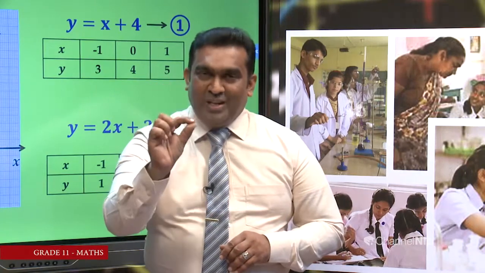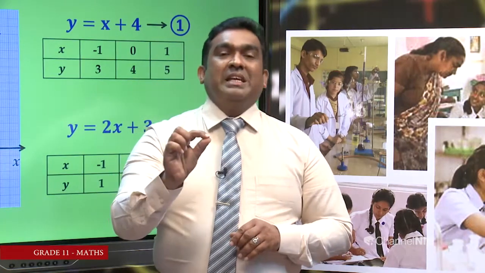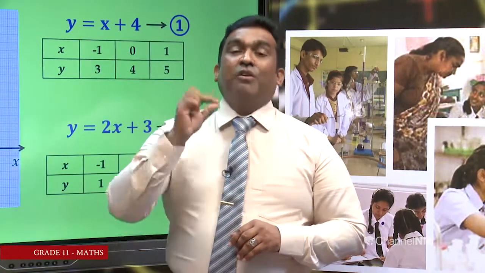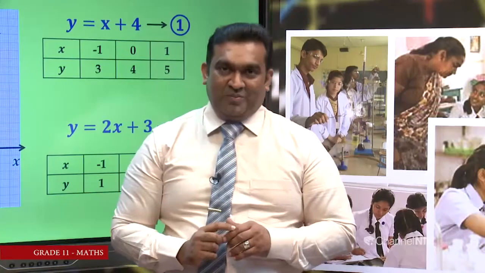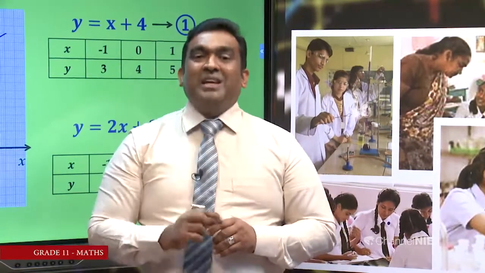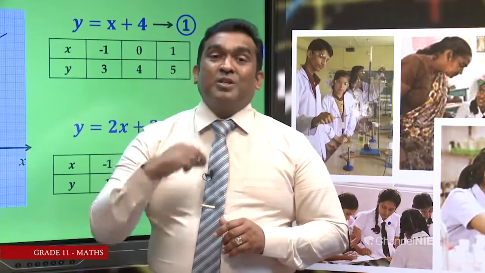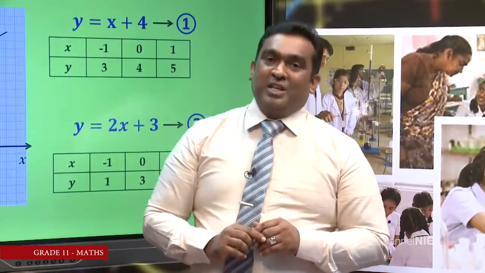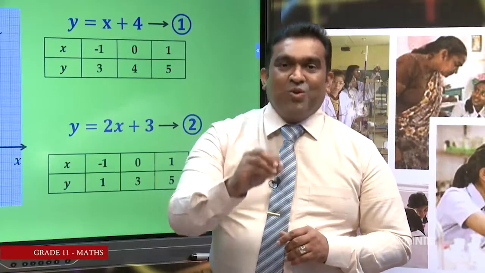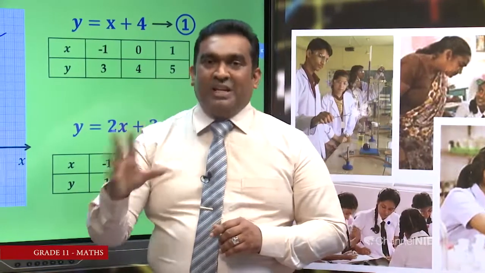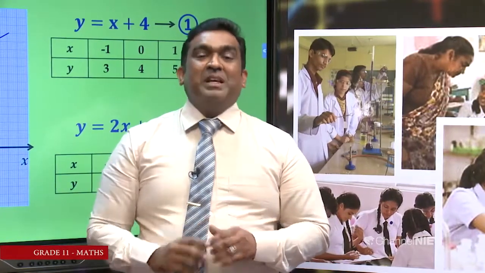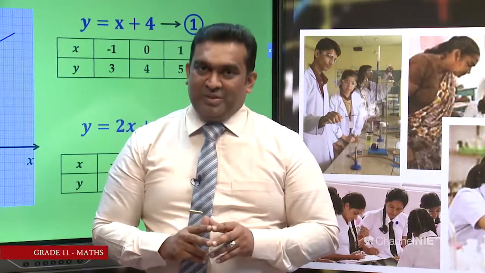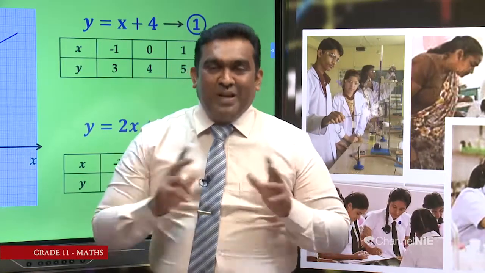The x coordinate of the common point is the solution for x of the equations. The y coordinate is the solution for y of the given equations. X coordinate means x value, y coordinate means y value. I suppose that you understood well.